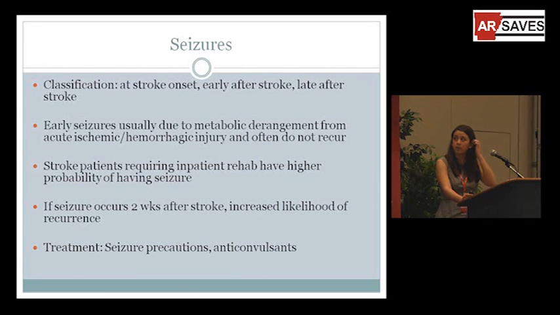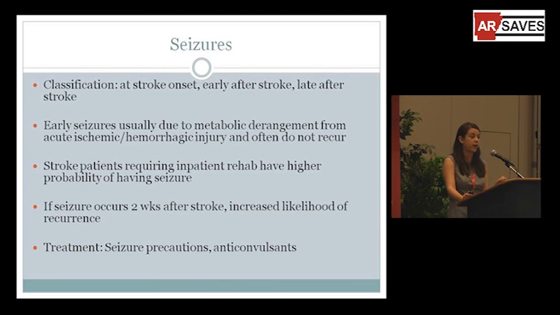And then seizures after stroke. Anytime you have any kind of insult to the brain, you are at increased risk of seizures. They are classified as early onset, late onset, and acute onset. Usually they occur from some kind of metabolic derangement after stroke and not necessarily from the stroke itself.